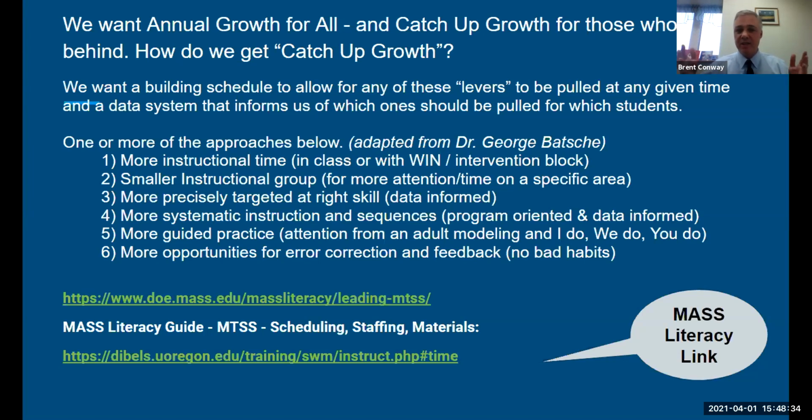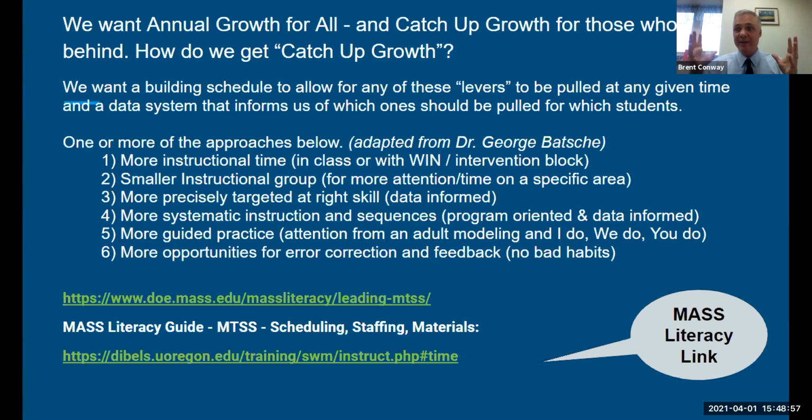And the concept of a tiered system is you need to have catch-up growth. And you need to tier your supports to give the right supports and the right quantity and the proper amount of supports to the kids who are behind. Dr. George Batsche, he's out of the University of South Florida. He talks about the important components, and I've sort of adapted some things from him.